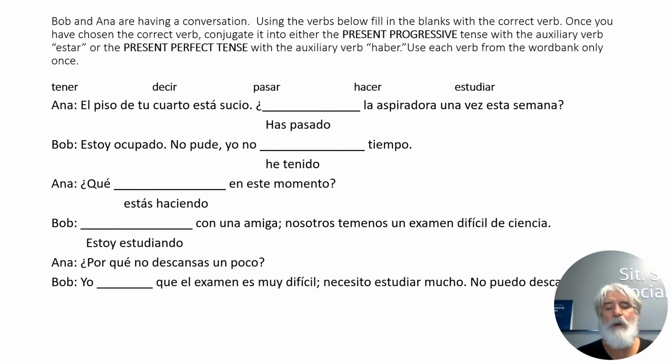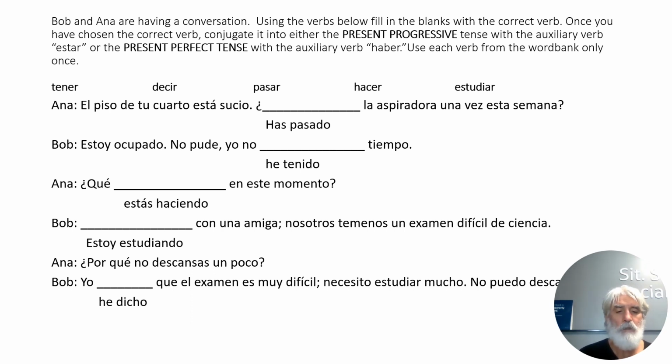What's the past participle of decir? Remember, there are some past participles that are irregular, and you need to know these, right? Yo he dicho. Dicho is your irregular past participle.